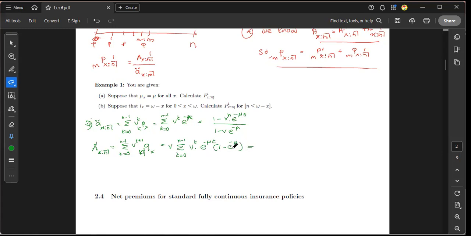This is a common factor, which means it doesn't depend on k, so you can get it out. And this part is again the previous part, which is the simple annuity due, v to the power k e^(μk).